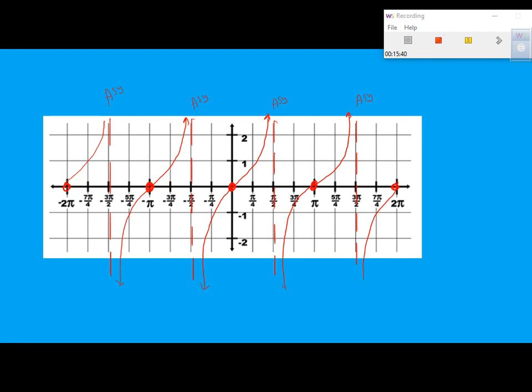Some important features of the tangent graph: it's odd because there's symmetry about the origin again, meaning I can rotate this graph through the point 0, 0, and this piece would become that piece.